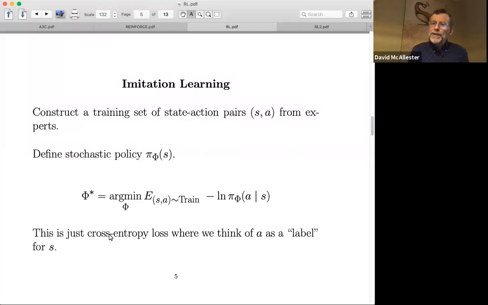Now, the simplest way to learn a policy, to learn what actions to take, is to imitate. And this is called imitation learning. So we can imagine having a large database, like Tesla is collecting data from drivers.